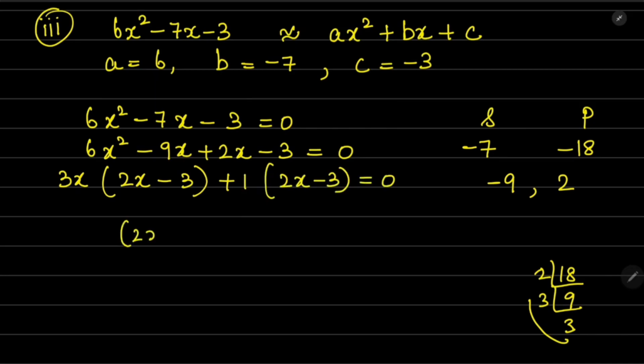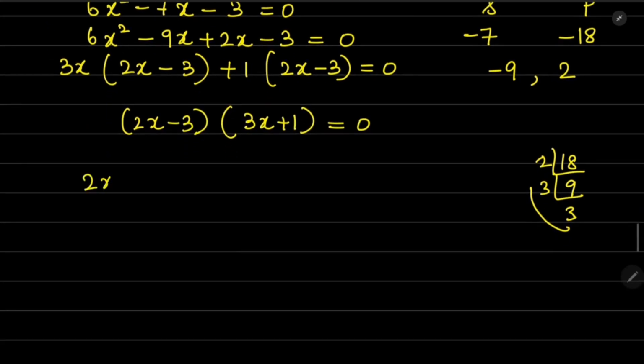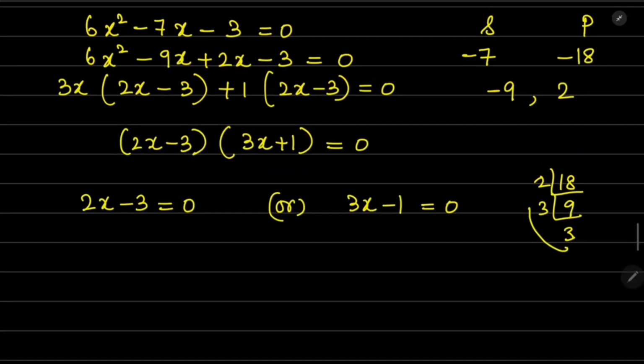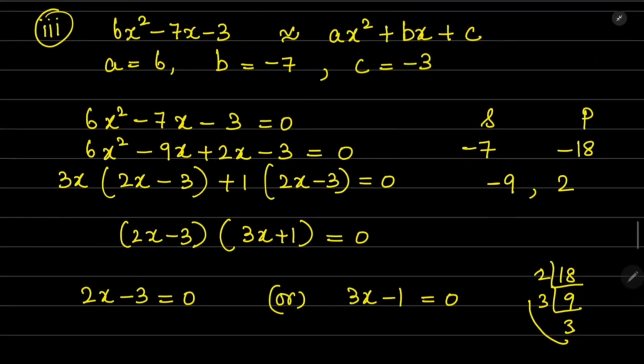So you have 2x minus 3 among the first two terms. The remaining is 3x plus 1 equal to 0. So either 2x minus 3 is equal to 0 or 3x plus 1 is equal to 0. So these are the two values of x, which when substituted in our given quadratic polynomial will give you the value of the polynomial as 0.